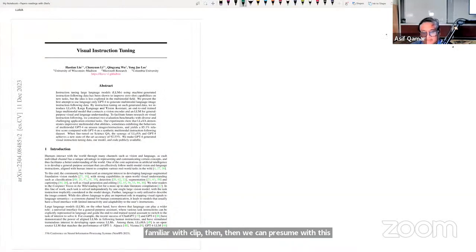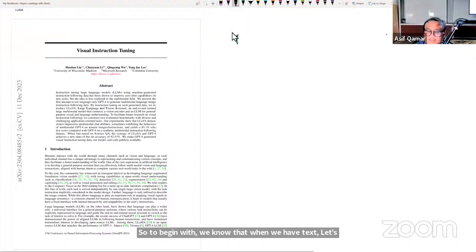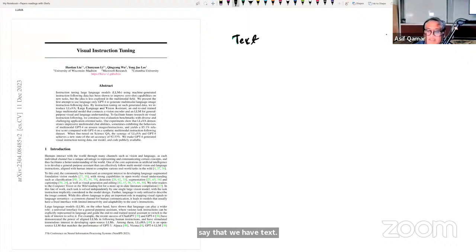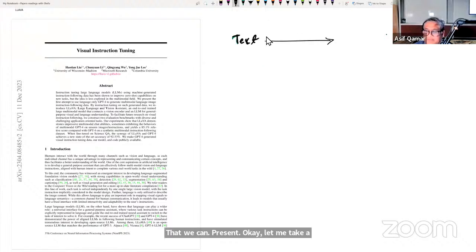To begin with, we know that when we have text, what we can do is use a contrastive learning loss function.